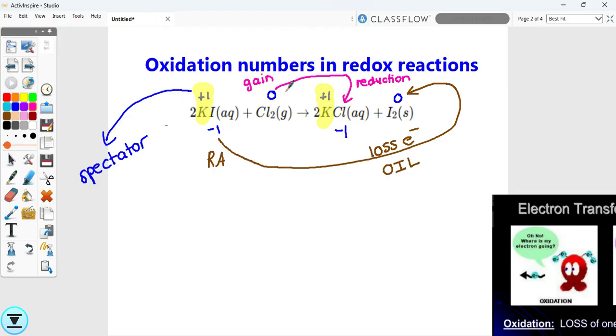And again, OIL RIG: reduction is gain. And immediately, so that you don't have to worry about it when the question comes at you, if you do everything here, the question goes very fast. So here we have the reduction half reaction, so you know that this substance that you started with is then going to be my oxidizing agent.